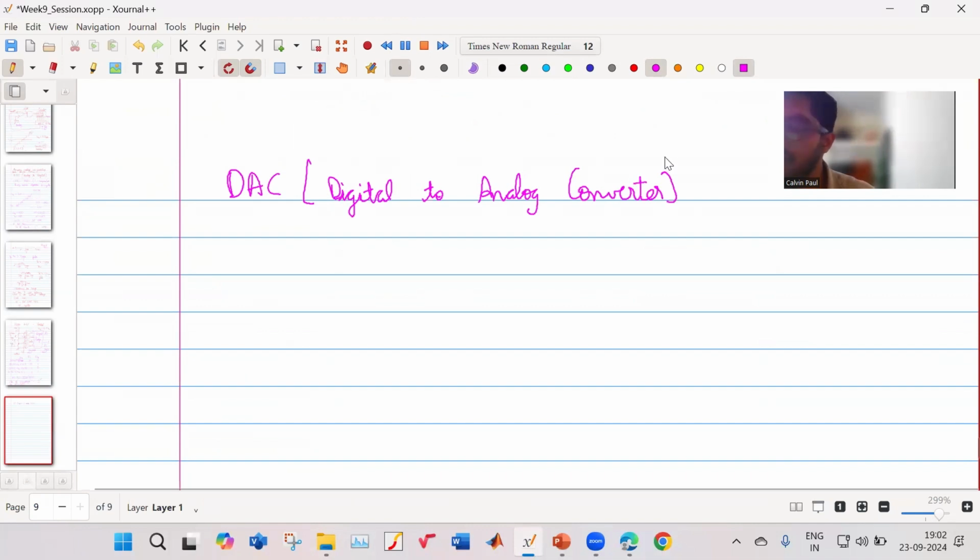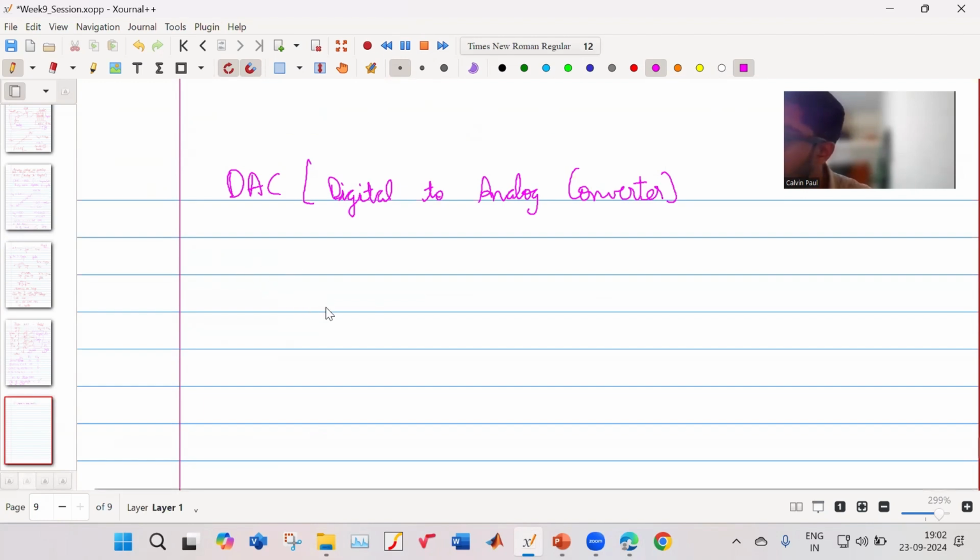Okay. So as I said, we will give some binary digital value, and your DAC will convert it into some analog value. It will have some resolution. So now we will see what circuit we can use to get that.